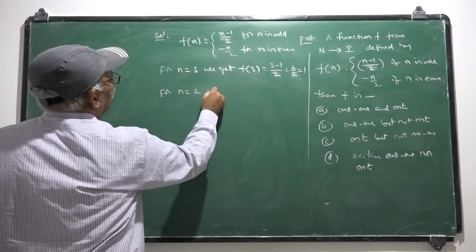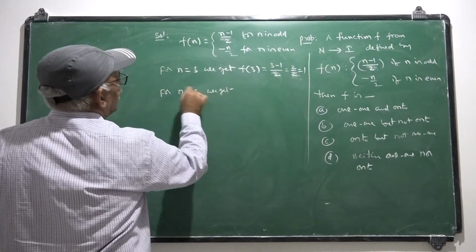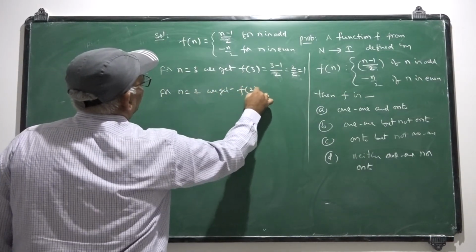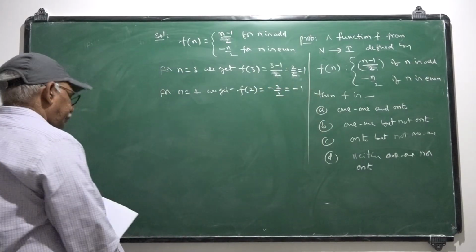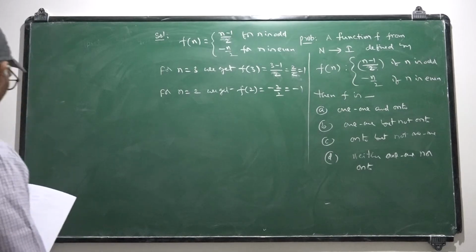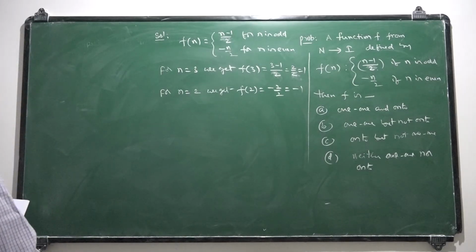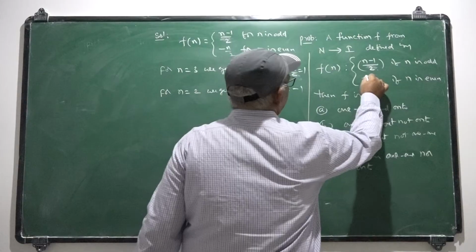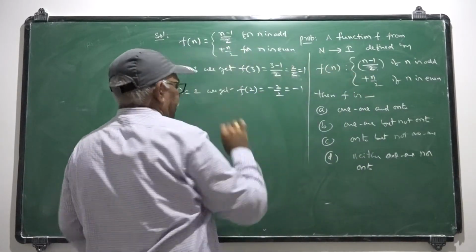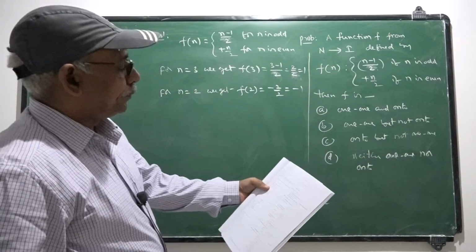For n equal to 2, since n is even, f of 2 is minus 2 by 2, that is minus, no, this is not minus, this is plus.